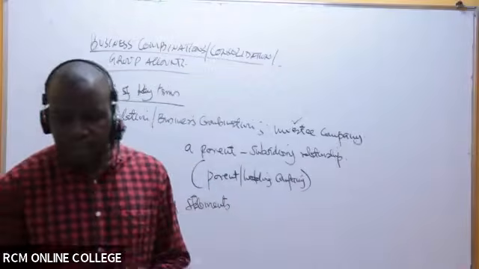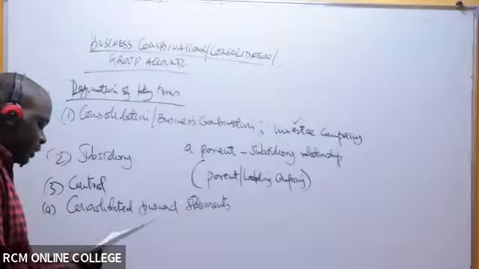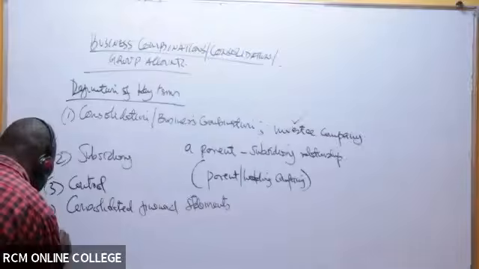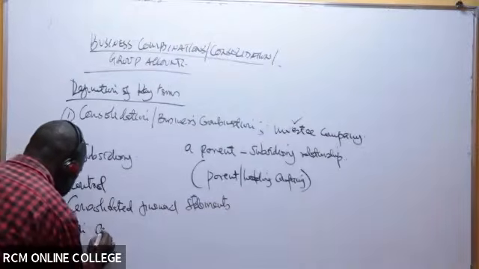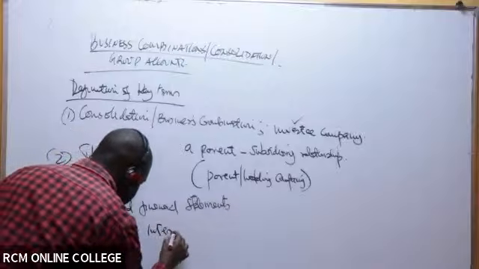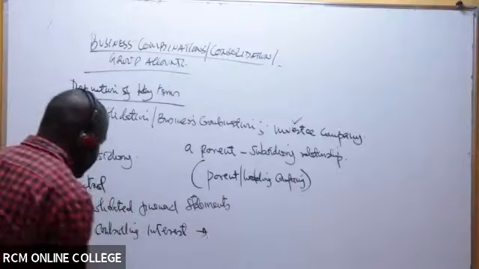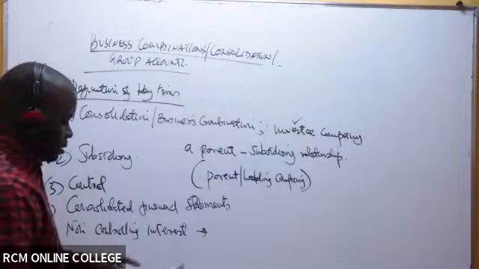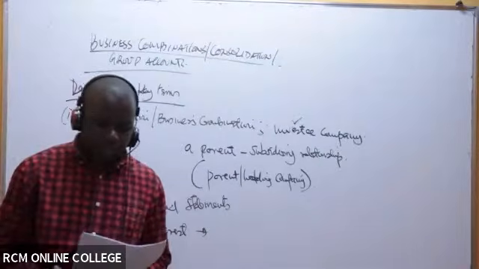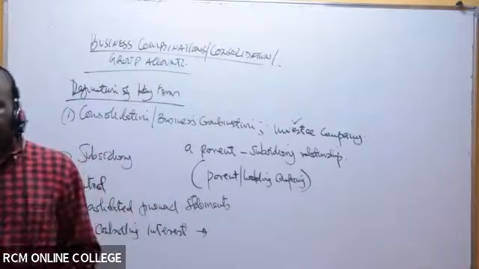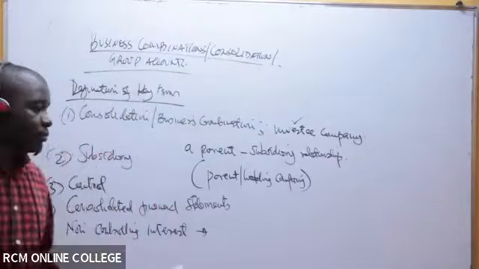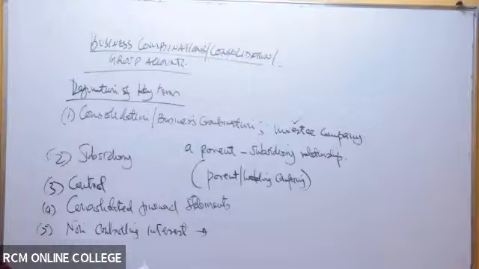Then the last term, you can write non-controlling interest. It is the proportion of the net assets.